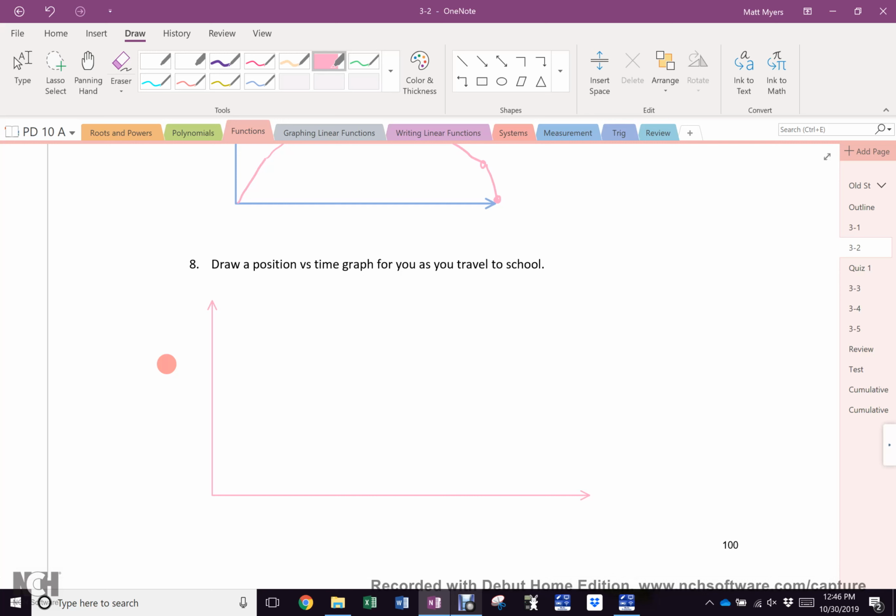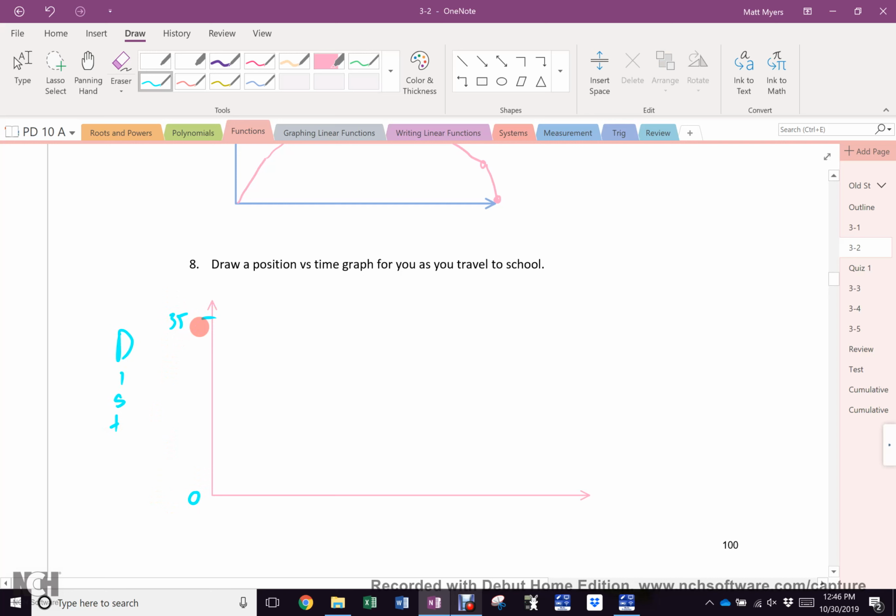Right. So, for me, I live 32 kilometers from school. So what will be on this side? Distance from 0 to what? 32. I would probably go to 35, so I'm a little past, yeah?